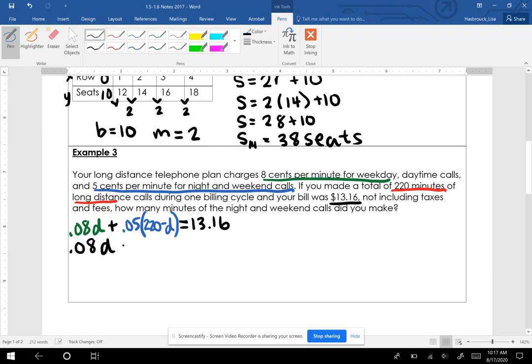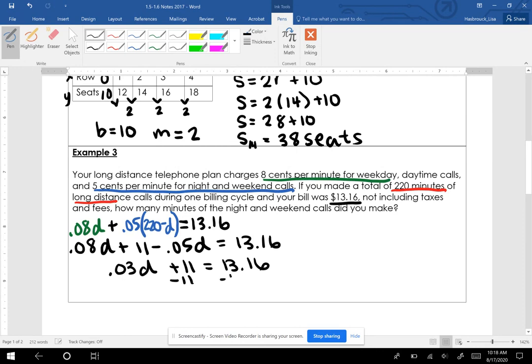0.08D plus, we distribute that 0.05, so it becomes 11 minus 0.05D equals $13.16. 0.08D minus 0.05D equals 0.03D plus 11 equals $13.16.